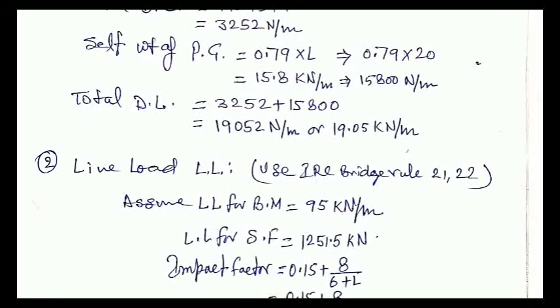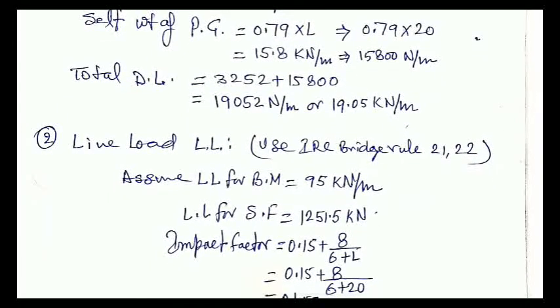Now the self weight of the plate girder, we have to assume as 0.79 multiplied by L, where L is the effective span of the bridge. It comes out to be 15.8 kilonewton per meter, or you can say 15,800 Newton per meter.